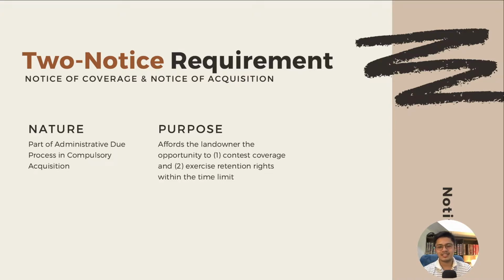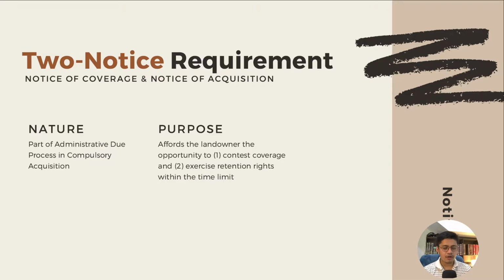I did not use "twin notice requirements" so as not to confuse it with another concept in another subject. Let's just call it the two notice requirement, because there are two notices issued at two different times. The first notice is the notice of coverage, and the second notice is the notice of acquisition, which we will discuss later on.